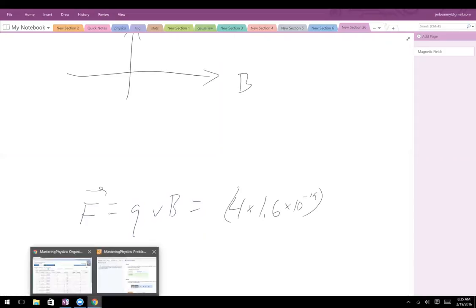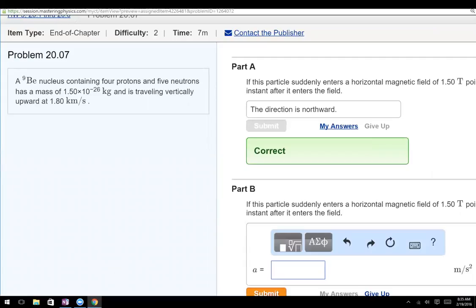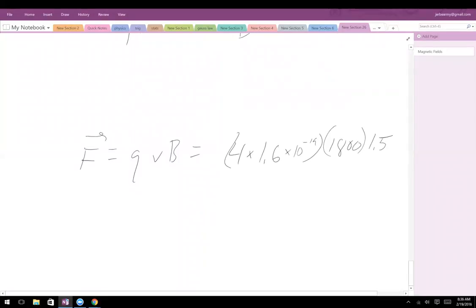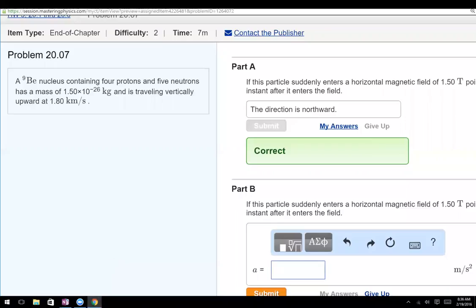It was 1.8 kilometers per second? Well, let me change it to meters, so 1,800 meters per second, and then B was 1.5 tesla. So that's my force, but it asks for acceleration. So again, acceleration is force over mass, so we're just going to divide it by whatever the mass was, 1.5 times 10 to the minus 26.